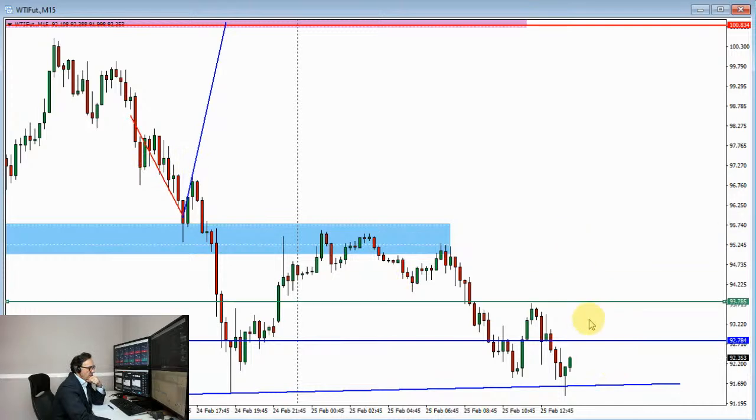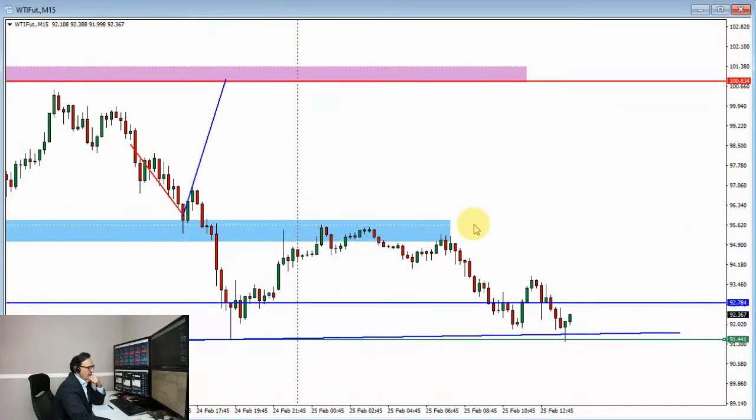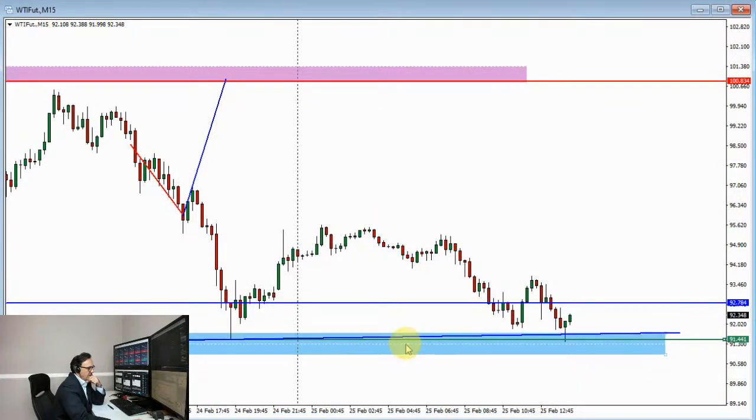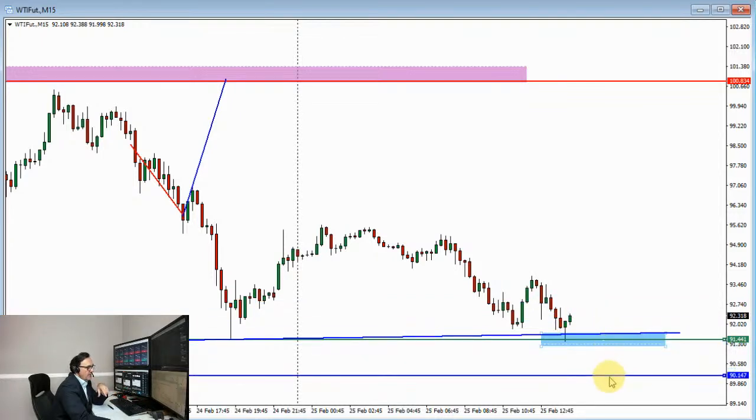I was looking for a cluster of these previous lows down here at 91.44 as a logical level to potentially enter a trade. I'm in this trade now. I just got in right now. I'll show you all of that. I would put my stop loss about 100 points below.